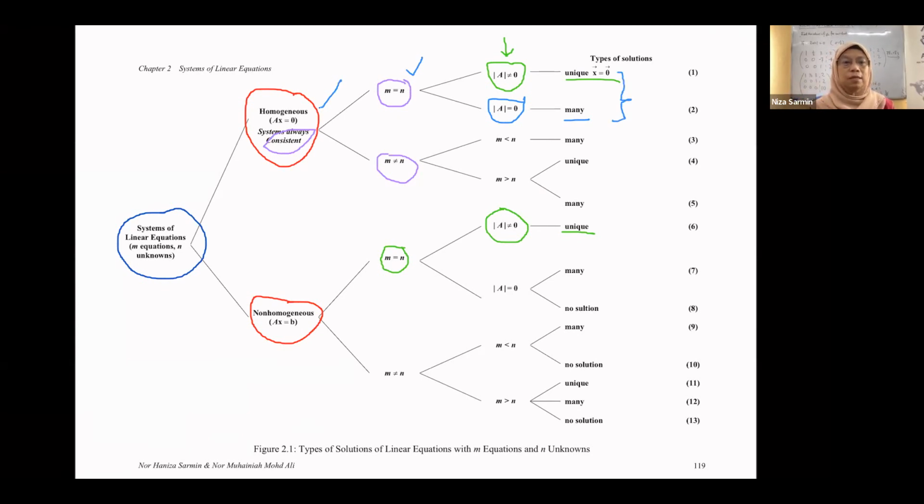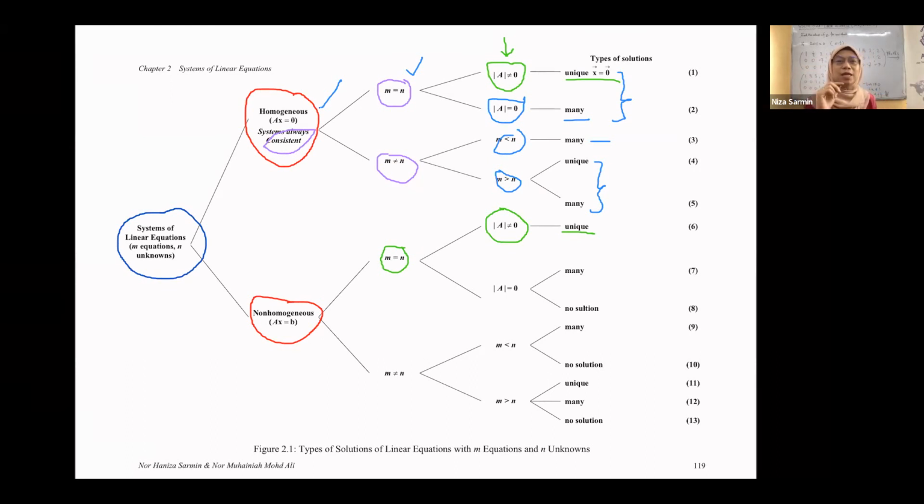For the case homogeneous and m is not equal, it can be less or it can be more. If it is less, always many. But I showed you earlier today, if it's more, it can be also unique or many.